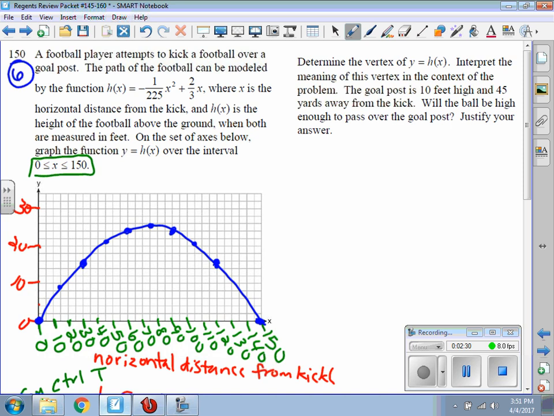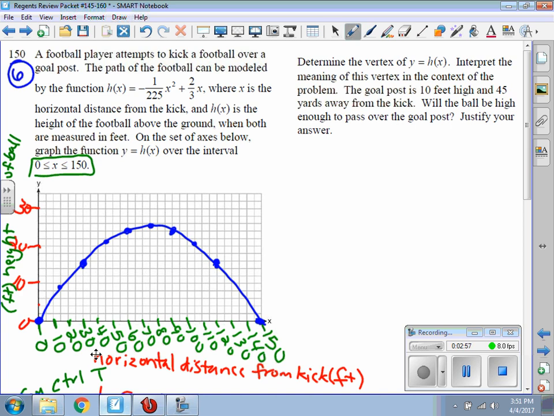H of x, both are measured in feet, so that's right, this is feet. My h of x, or my y-axis, is the height of the football above the ground. So let me see if I can squeeze in height of ball, and again this is in feet.